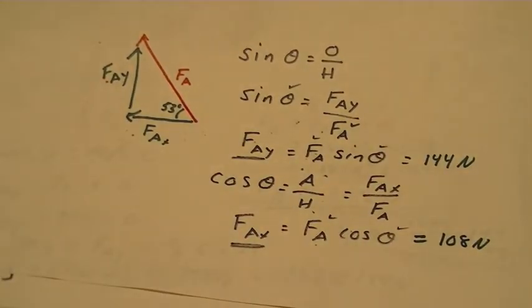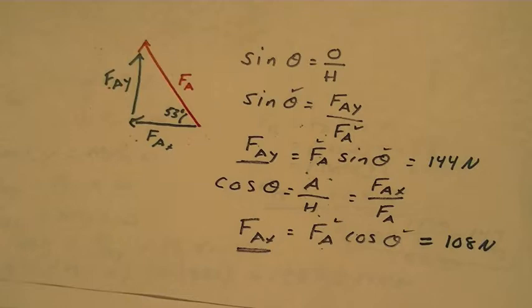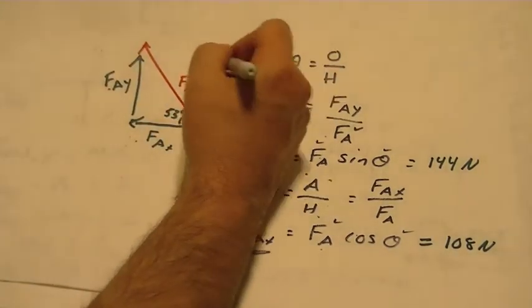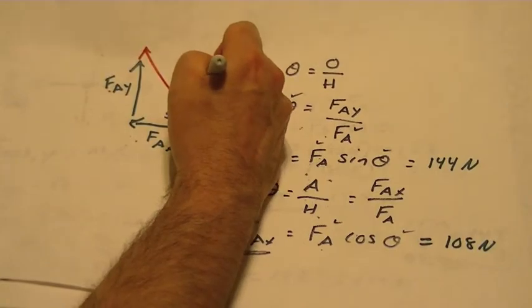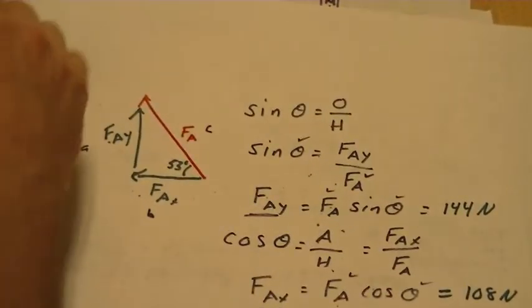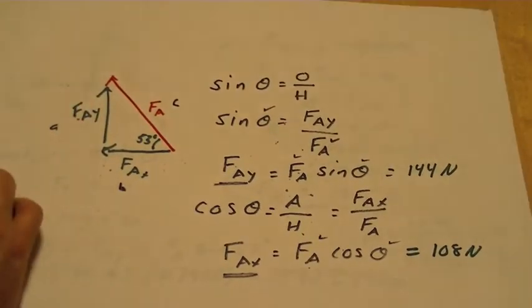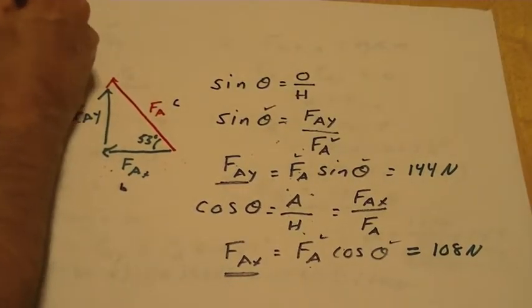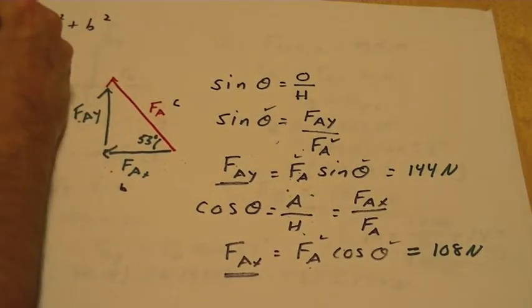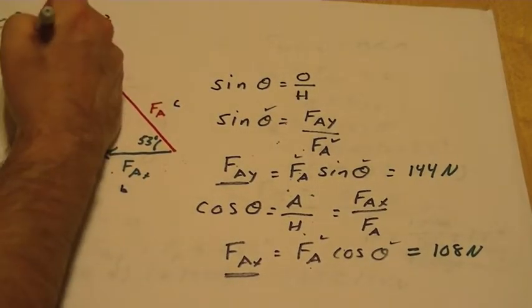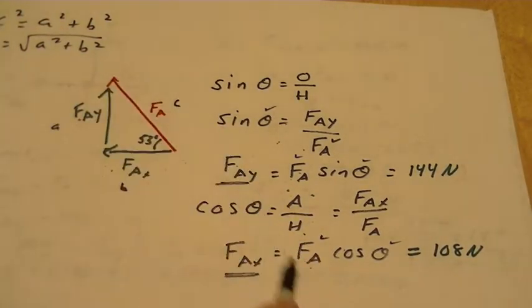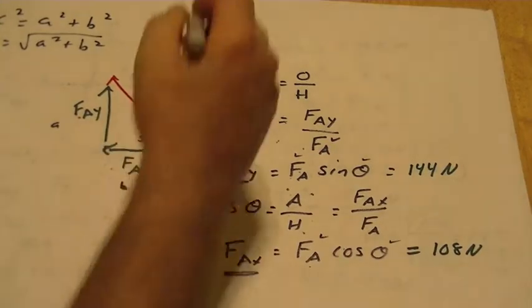Now, I can use the Pythagorean theorem to double check to make sure I took my components correctly. Pythagoras said that if I call the hypotenuse of the triangle C and the two legs A and B, I know that C squared is equal to A squared plus B squared, or that C equals the square root of A squared plus B squared. So I know the size of the triangle, they're my components, so I can actually check this out.